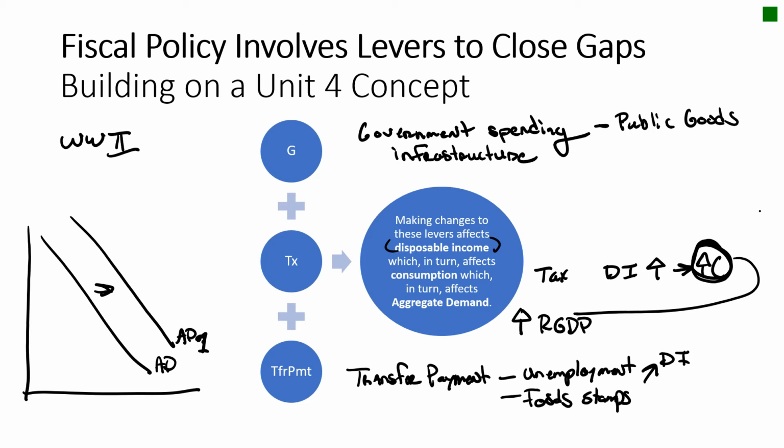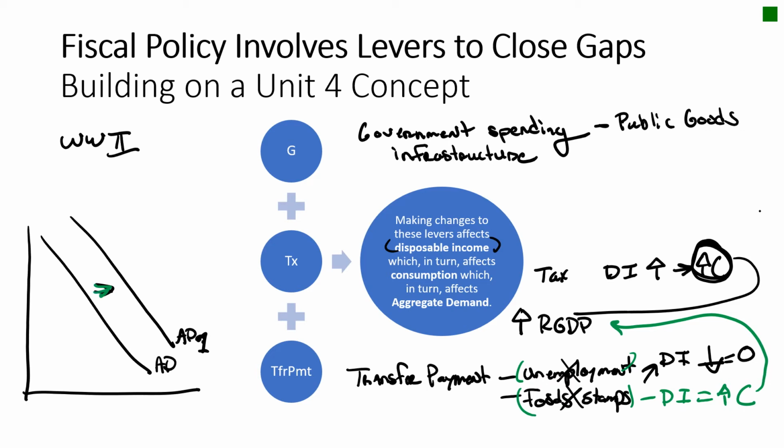If you lose your job and you don't have unemployment insurance or food stamps, your disposable income is going to go down to nearly zero. But if you qualify for unemployment and food stamps, then maybe your disposable income will at least stay constant, or maybe it will tick up a bit, which then will hopefully tick up consumption and then again tick up your real GDP, propping this up.